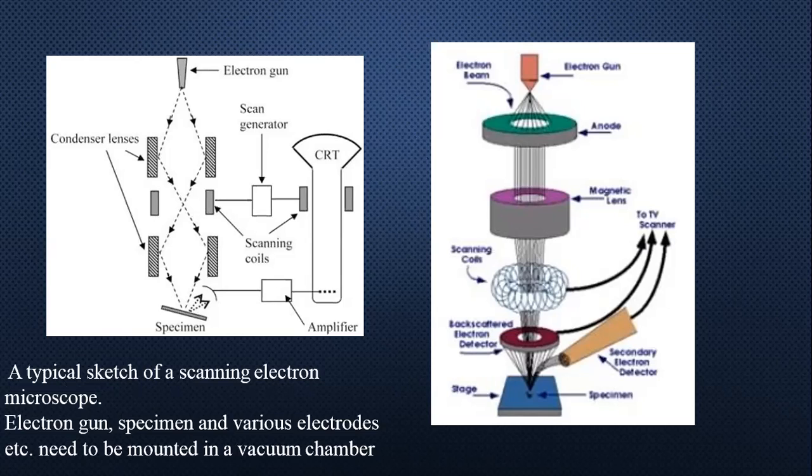When an electron beam strikes the specimen, some of the electrons are absorbed, other electrons are backscattered as shown here, and detected by the secondary electron detector, and some sample electrons can be ejected as secondary electrons, as shown here.